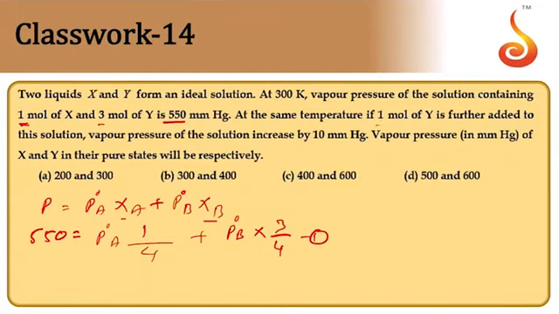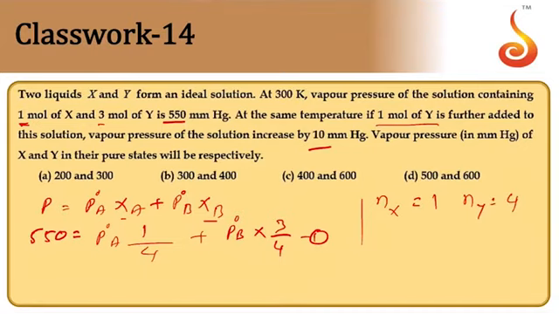Then when 1 more mole of Y is added, the pressure increased by 10 mm. 1 more mole of Y means the number of moles of X remains the same as 1, but the number of moles of Y is 3 plus 1, 4.